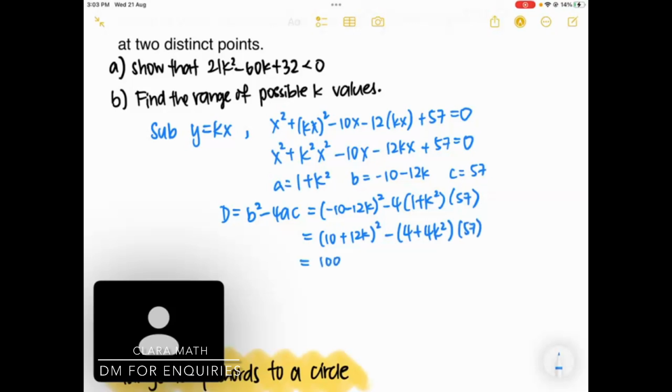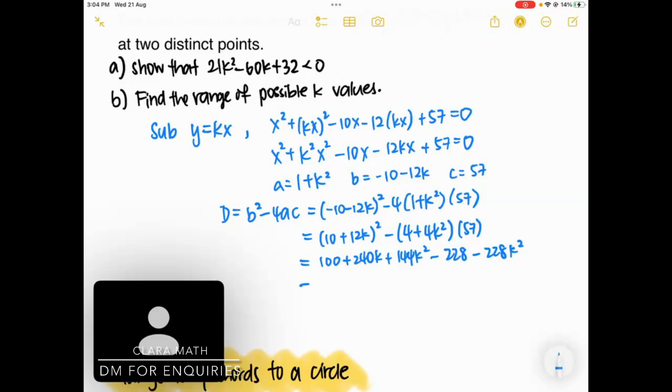Okay, expand this, 12 times 12, 144k squared. Okay, 4 times 57, 228. 228 for that, and then the negative also goes in, so we get negative 228k squared.